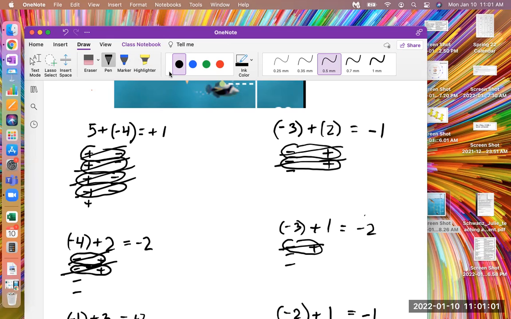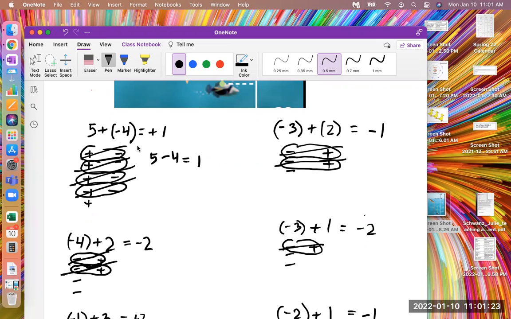So what we really end up doing is we don't look at negative or positive, and we just take the larger number in absolute value, so 5, and we subtract the smaller number, ignoring the negatives and positives, right? And then I get an answer, and I keep the sign of the larger number.